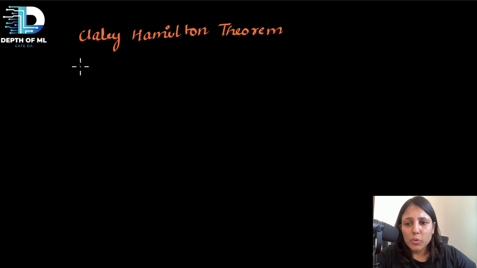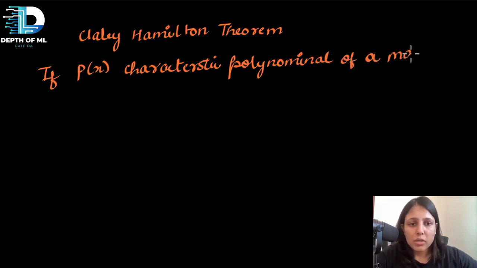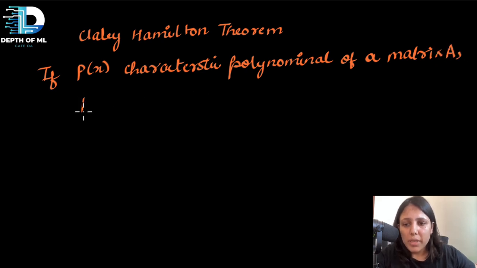It says that suppose P of X is the characteristic polynomial of a matrix A, then P of A will also be 0.